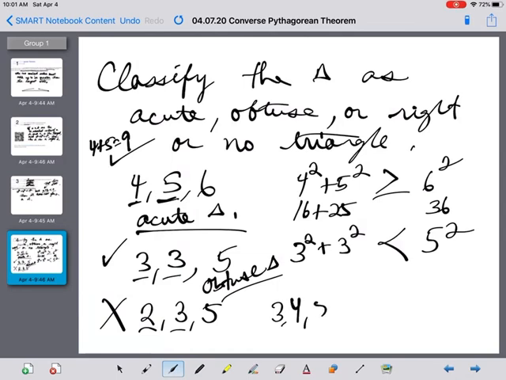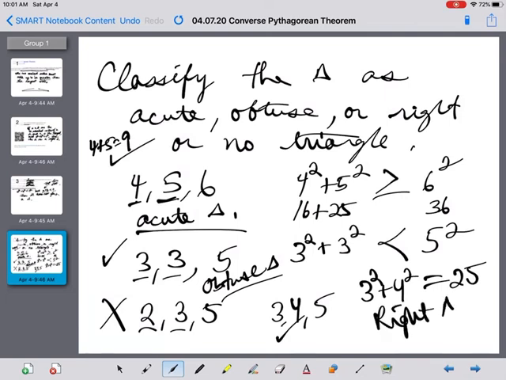And then we'll finish with 3, 4, 5. So then 3 plus 4 is 7. That forms a triangle. But 3 squared plus 4 squared is 9 plus 16, which is equal to 5 squared, which is 25. That will be a right triangle.